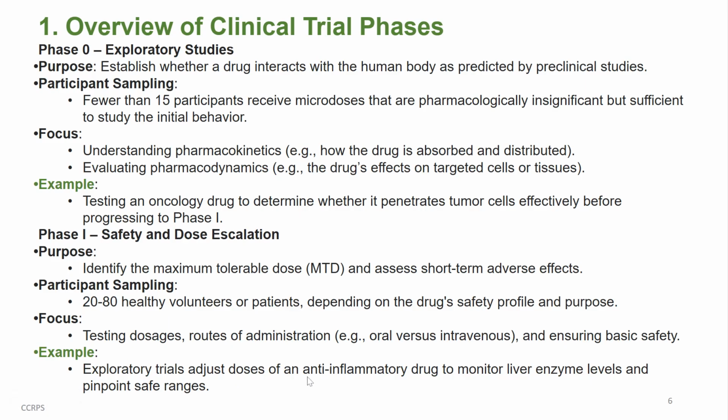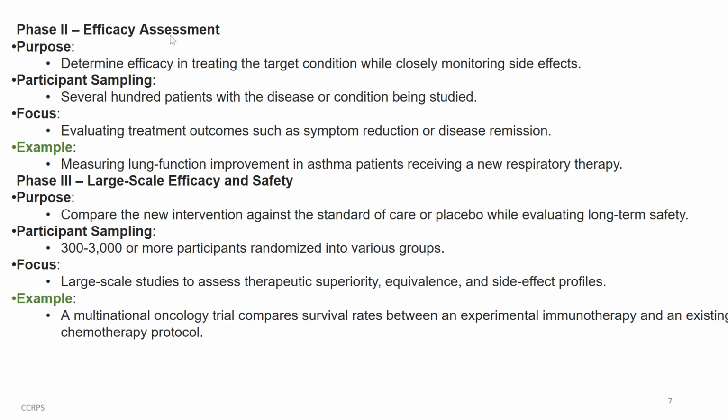Example, exploratory trials adjust doses of an anti-inflammatory drug to monitor liver enzyme levels and pinpoint safe ranges. And this is an example for phase one. Phase two, efficacy assessment. Phase zero was preclinical, phase one was the safety, and phase two, here the efficacy.